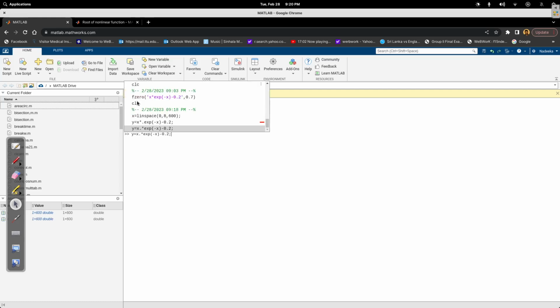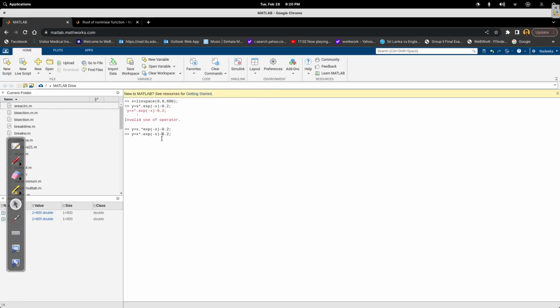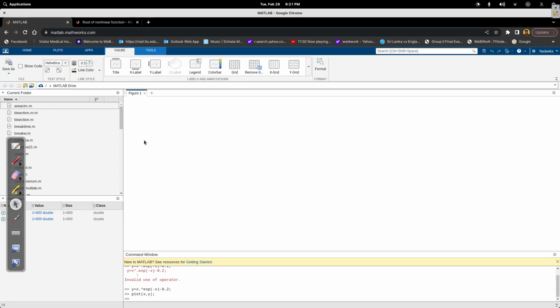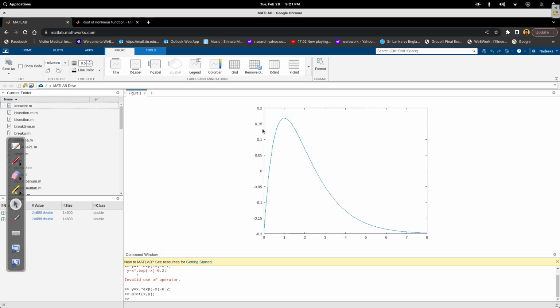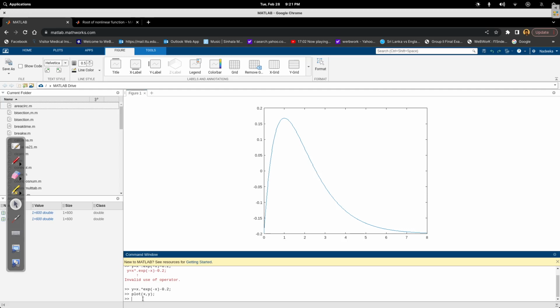Now I'll do the plotting. I will do grid on so we can see the x-axis.